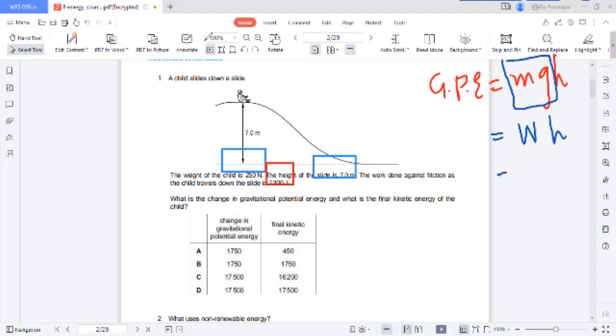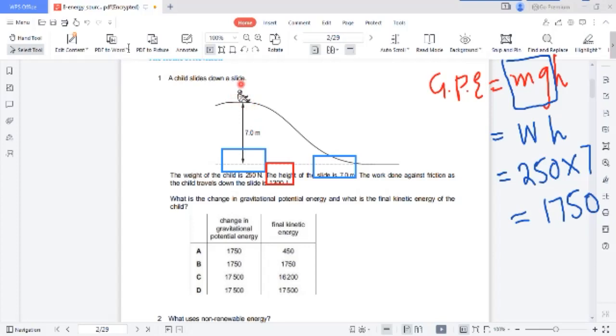So now we can replace the values. Weight is 250 and height is 7, so it is 1750. So when the child is here, it will have 1750 gravitational potential energy.